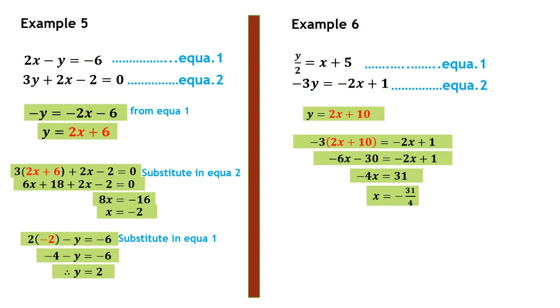Pretty easy. And you get our x as negative 31 over 4. Now take that negative 31 over 4 and substitute in the equation that you would have picked. Pick equation 1 again, substitute negative 31 over 4 as x, and simplify and solve for y. Very easy. Make sure with your fractions there.